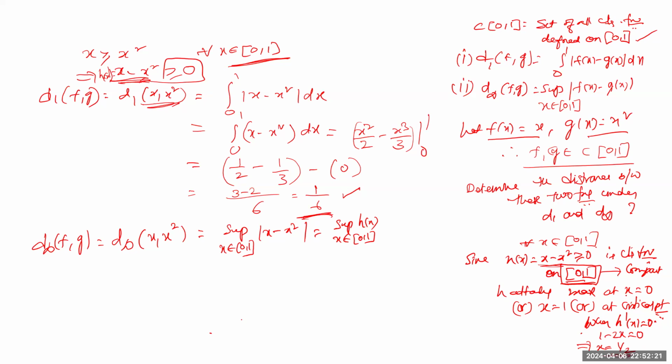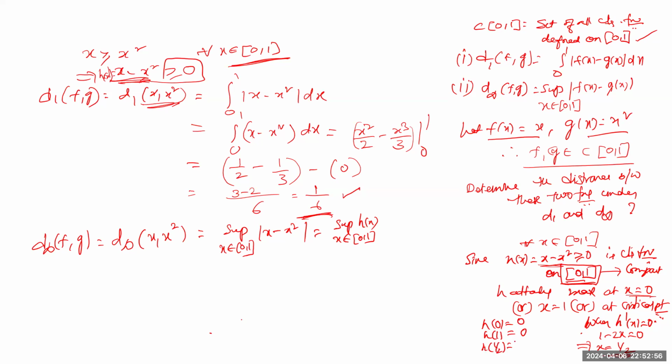So this is our maximum. Why? At x is equal to 0, h is equal to 0, and at 1, it is 0. So at x is equal to 1 by 2, we will get the maximum value, right? So h of 0 is equal to 0, h of 1 is equal to 0, and h of 1 by 2 is equal to how much?